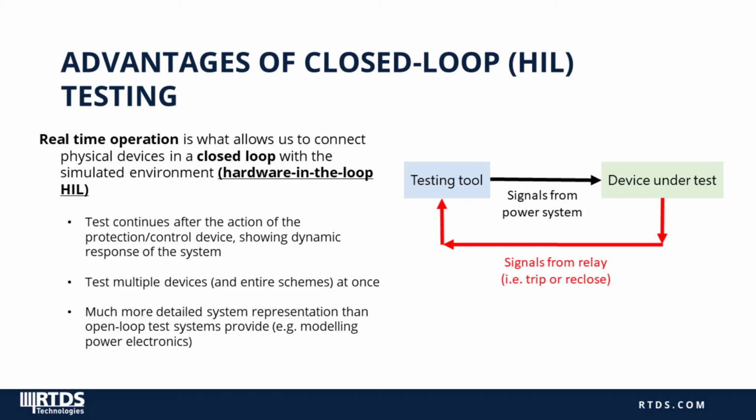It's not possible with an offline simulation or with open-loop testing tools like a relay test set. Hardware-in-the-loop testing also allows for the testing of multiple devices at once, more of a systems-level testing approach. And in a modern system with distributed energy resources, multiple tiers of control, our users find it valuable to be able to test interoperability and interactions between these different systems.